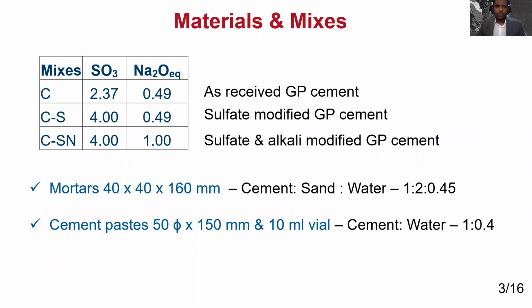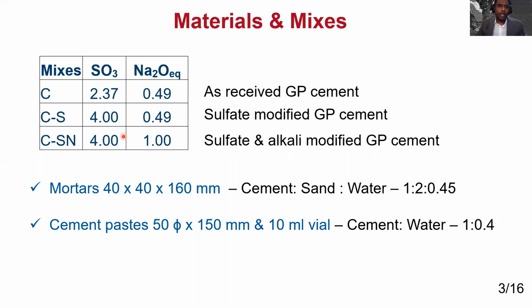To do this, we chose an Australian general purpose cement with low sulfate and alkali content. With the cement, we increased sulfate from 2.3% to 4% without altering the alkalis in the system. And for the second and third systems, we raised the sulfate and alkalis both in the system to 4% and 1% respectively.